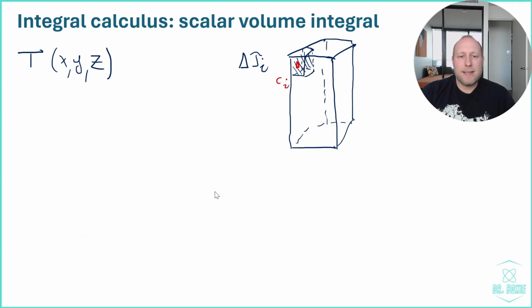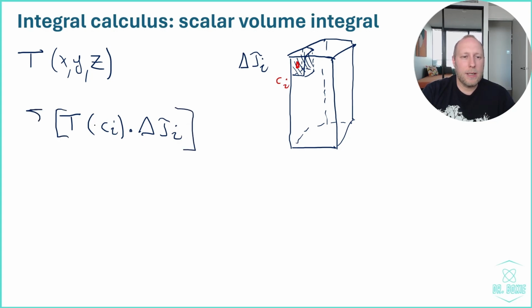What we will do is evaluate the function T at the point c_i, multiply it with the size of that small box, delta tau i, and then add this over the whole volume, meaning we add this for i going from 1 to n, where n is the number of small boxes we took to cover the whole big box.